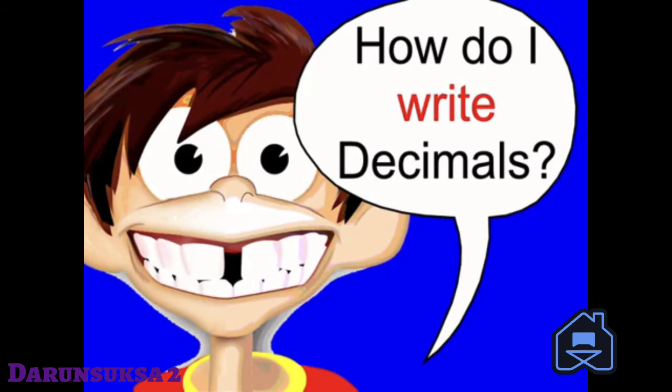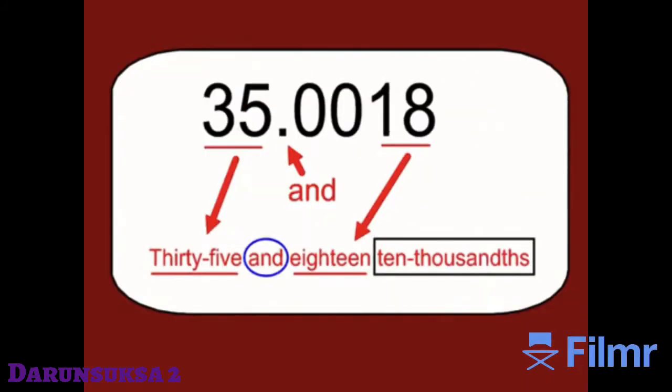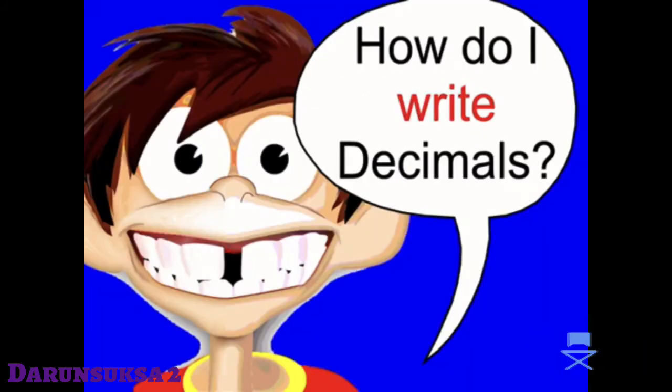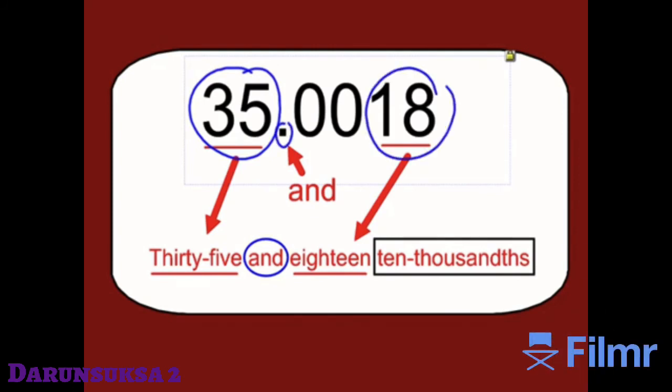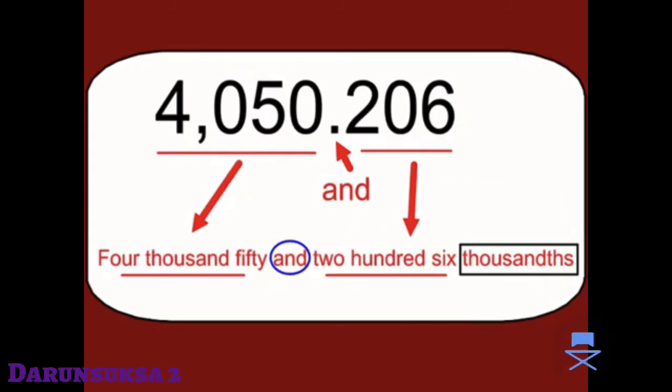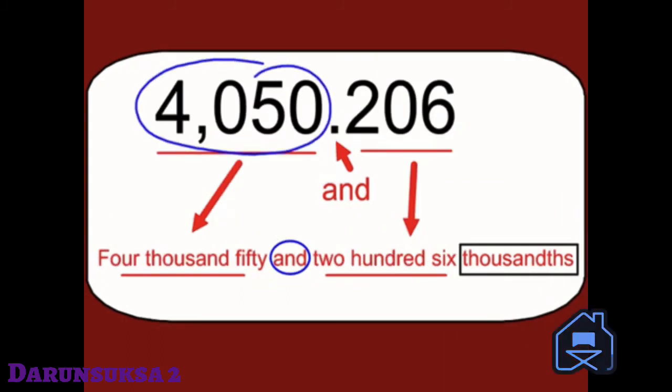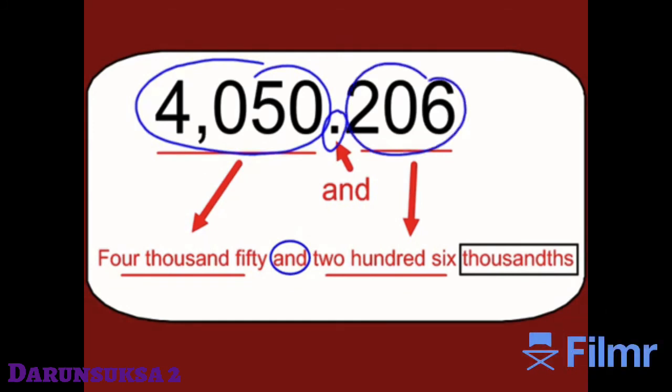Well, how do you write decimals? Well, it's actually pretty easy. Let's see, did I just skip one? So if you were writing this out in word form, this would be 35 and 18 10,000ths. This next example would be 4,050 and 206 thousandths.